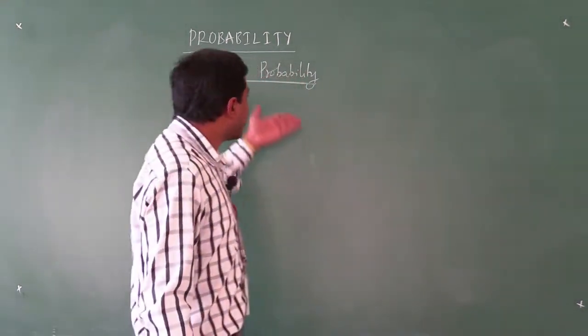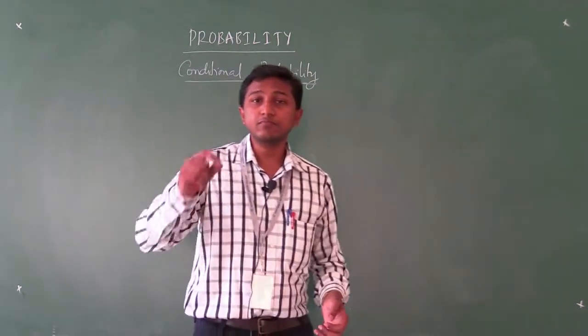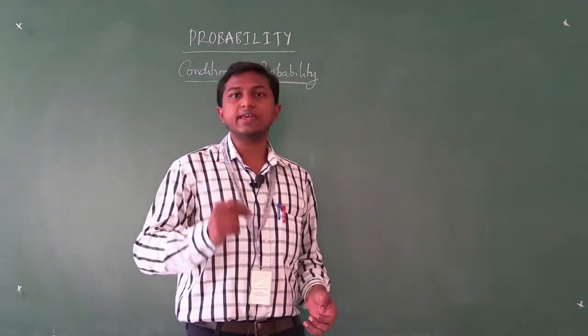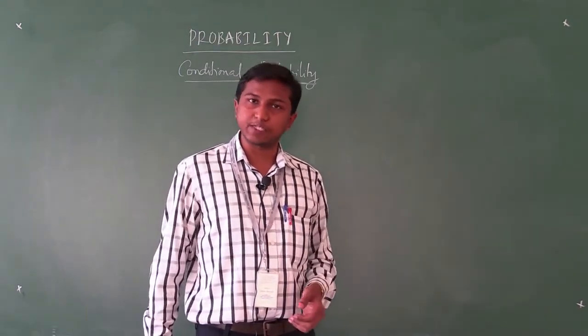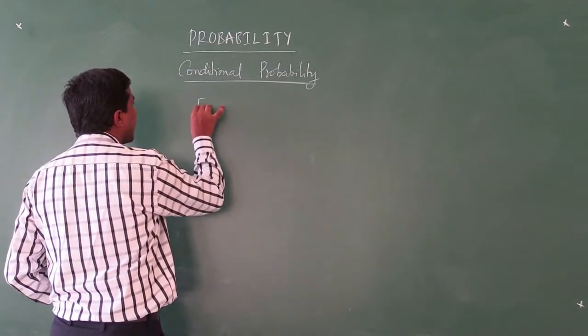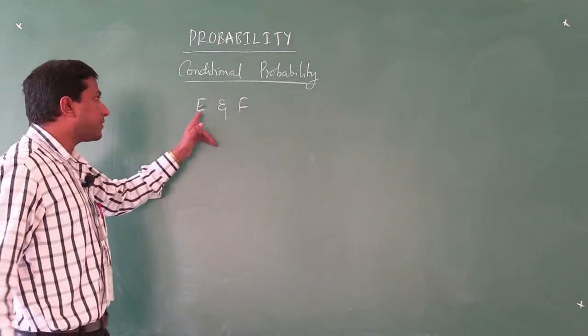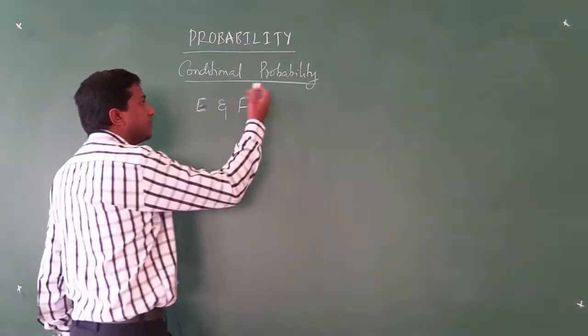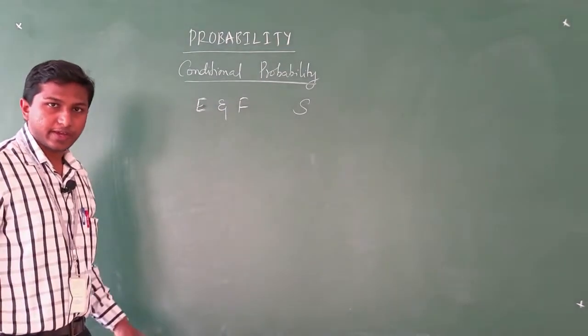So the definition goes like this: two events capital E and capital F be associated with the sample space capital S.